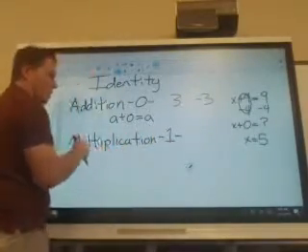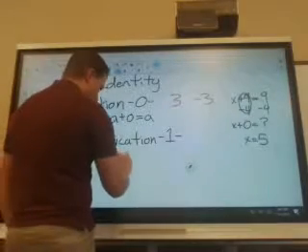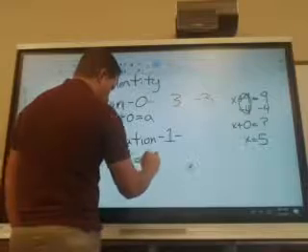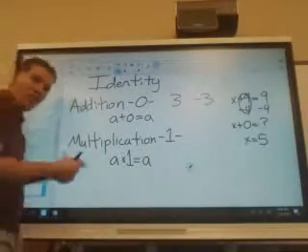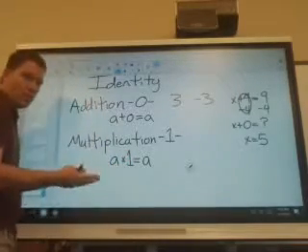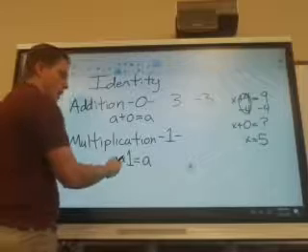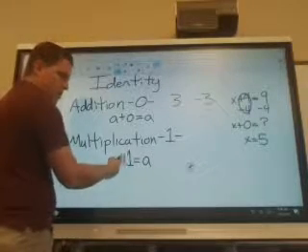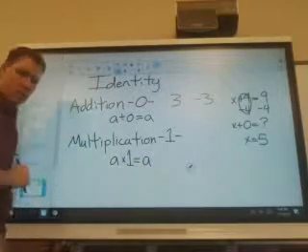The multiplicative identity property is that A times 1 equals A. And this works for division as long as we're dividing by 1. 1 divided by something is not going to come out the same. Anything divided by 1 would be the same. Anything times 1 comes out the same.